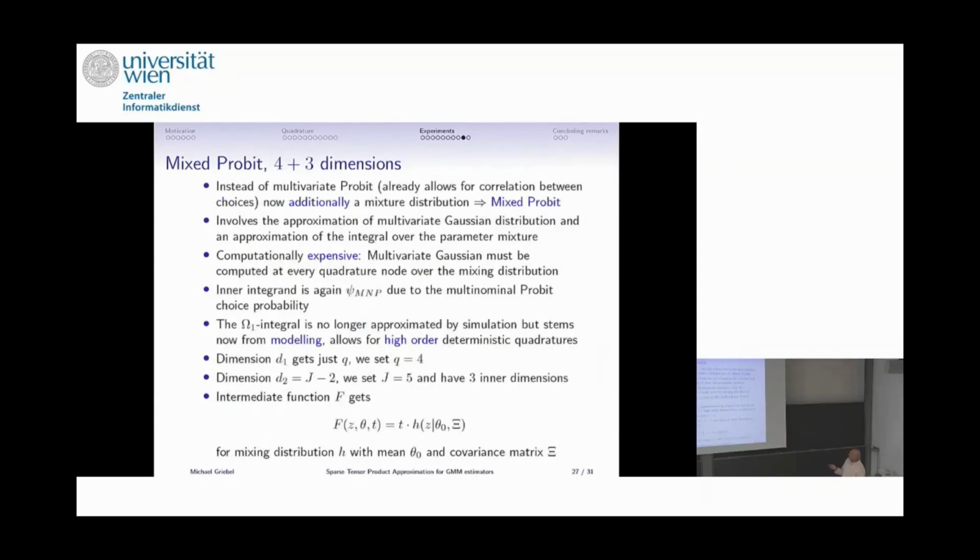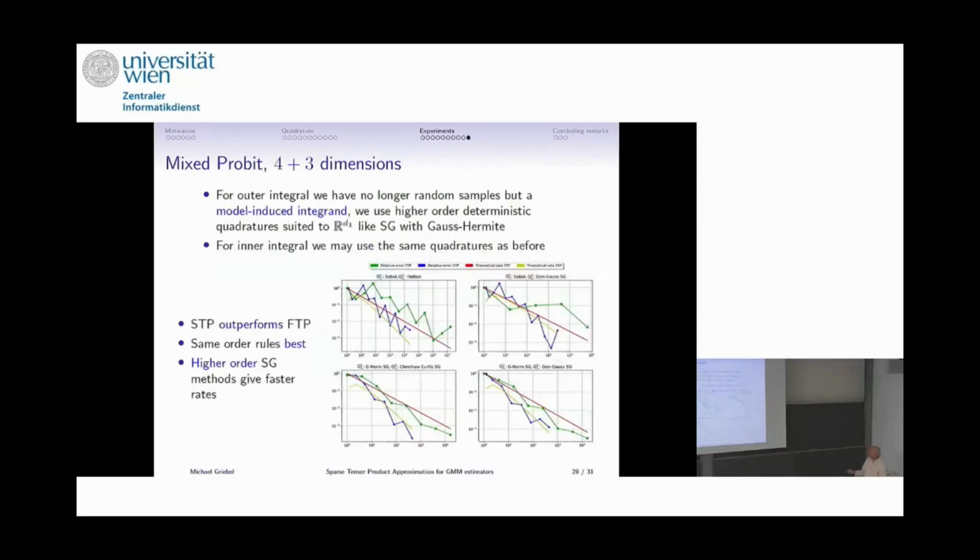Mixed Probit is a similar thing. What is the time? Probably we're nearly at the end. It works the same, but the difference is now that the omega-1 integral does not stem from sampling anymore, but comes from modeling. It's a different model. To make a long story short, for these modeled outer integrals, we can apply directly our stuff and see the usual behavior.